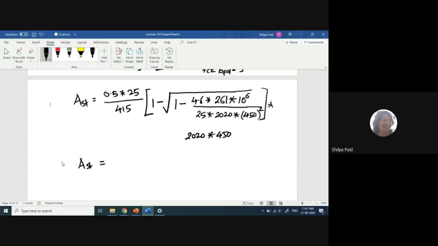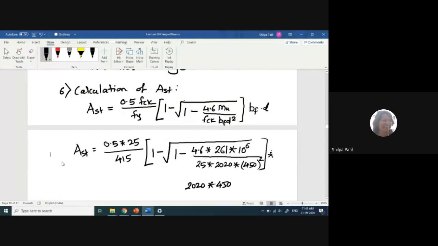If your xu is lying within the flange, whether equal to Df or less than Df, we treat it as a rectangular beam with width equal to bf. The portion below is still part of the beam, so it is still a T-beam, but for calculation purposes we use these formulas.